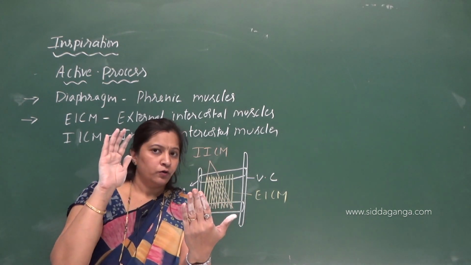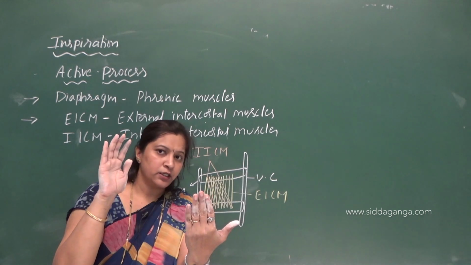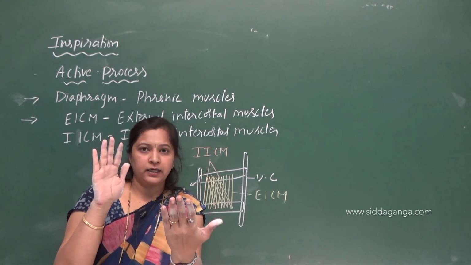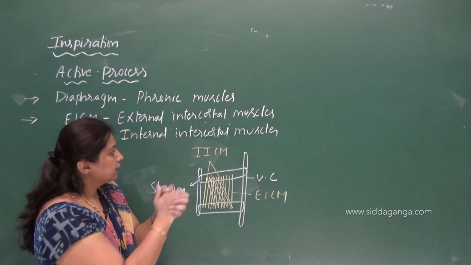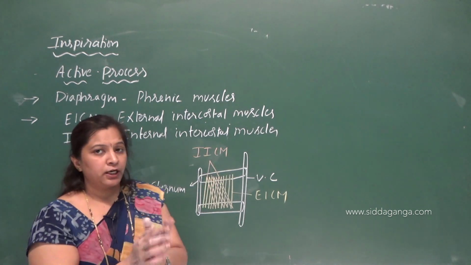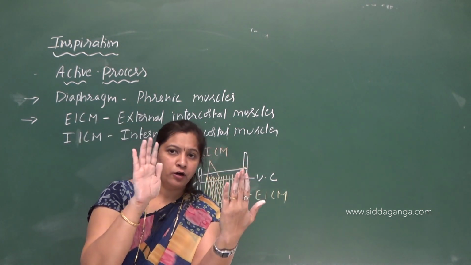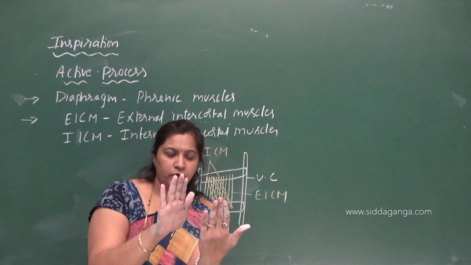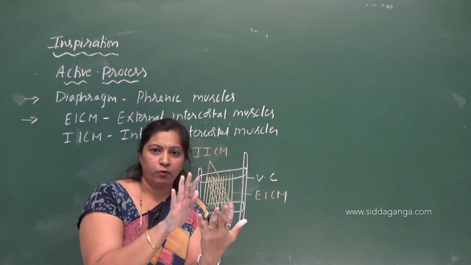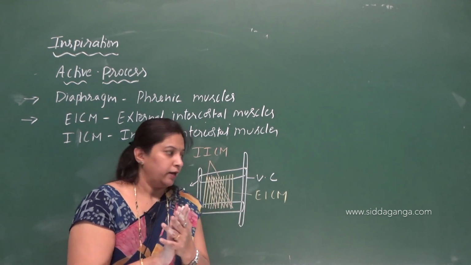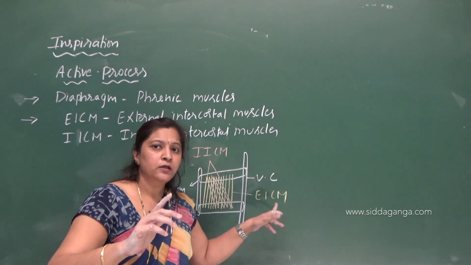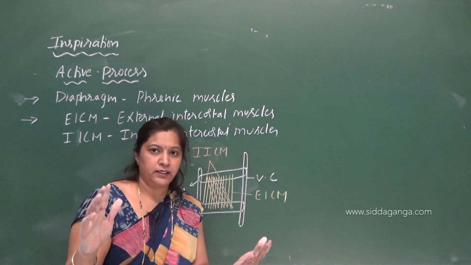These muscles are responsible for increasing the volume of the thoracic cavity.